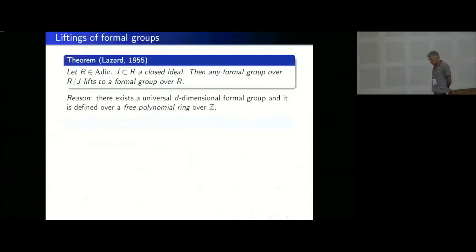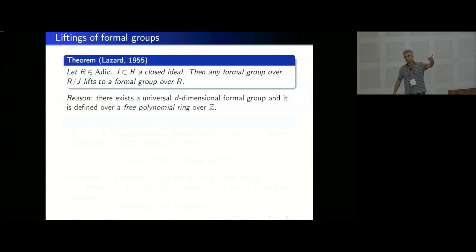And since we want to discuss moduli, there comes the basic question of liftings, not base changing, but doing the opposite. Suppose we have R, which is an adic ring, J is a closed ideal, and we have R over J. And given a formal group over R over J, can we lift it to a formal group over R?